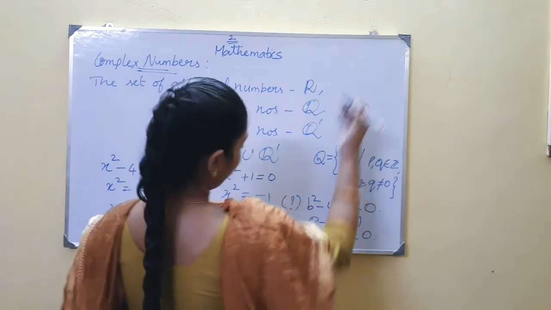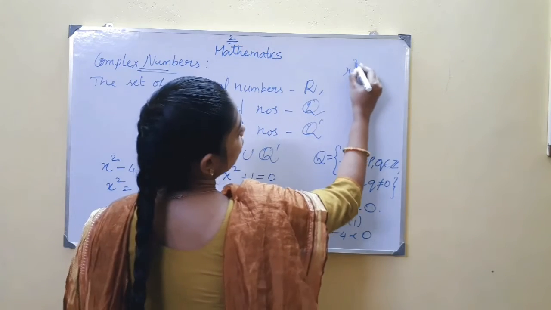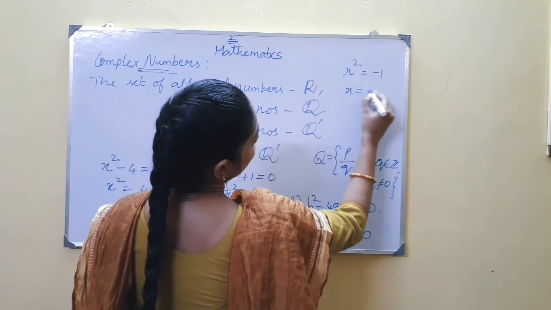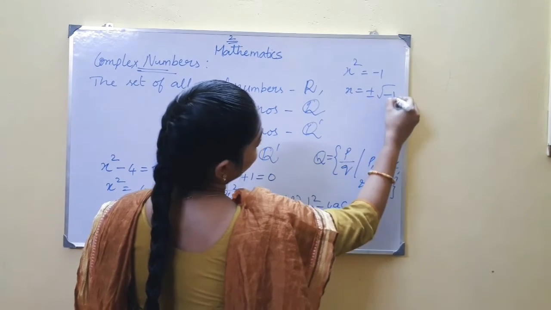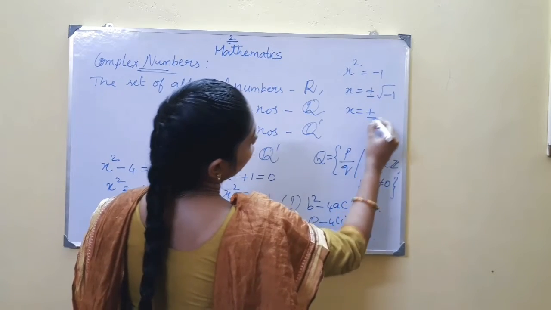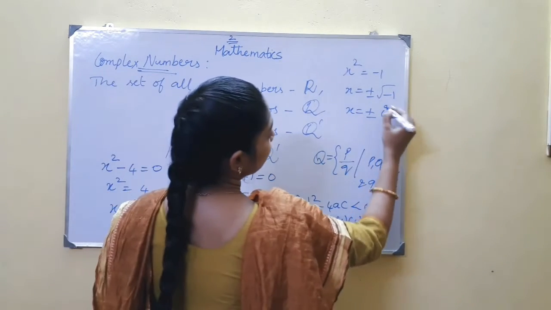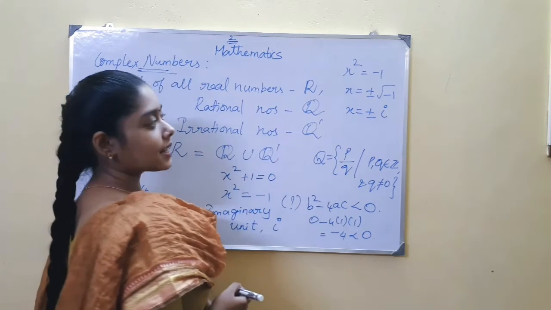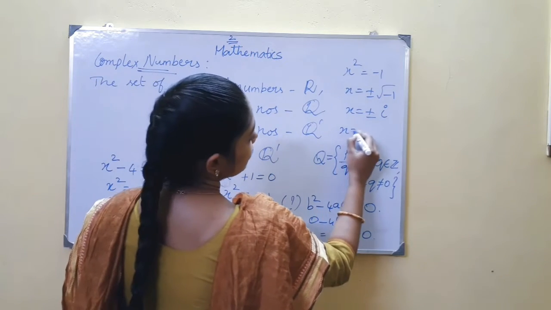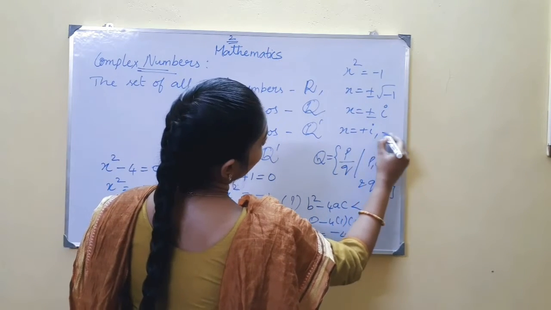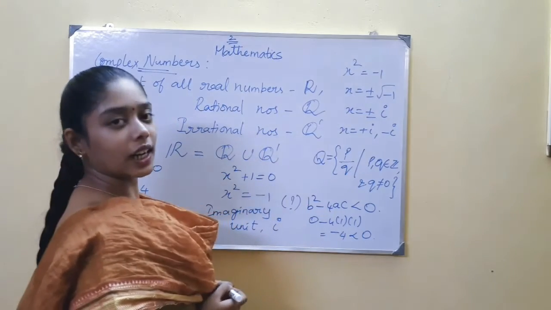That is, x square is equal to minus 1 or x is equal to plus or minus root of minus 1. They denoted root of minus 1 as i. So x takes the value plus i and minus i.